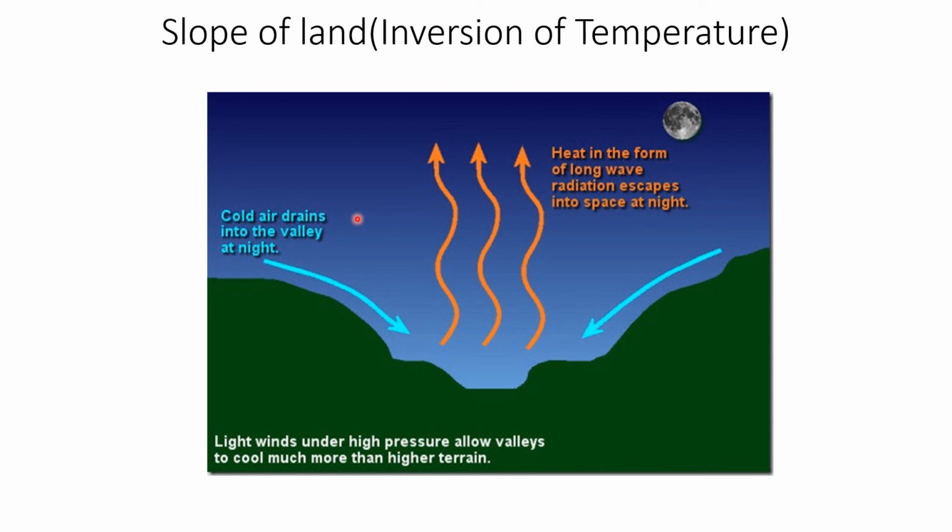The cold is further increased by the sinking of the cool air from the mountain sides. In this way, there is a reversal in the vertical distribution of temperature. So, the temperature decreases down in the valleys. This is known as inversion of temperature.